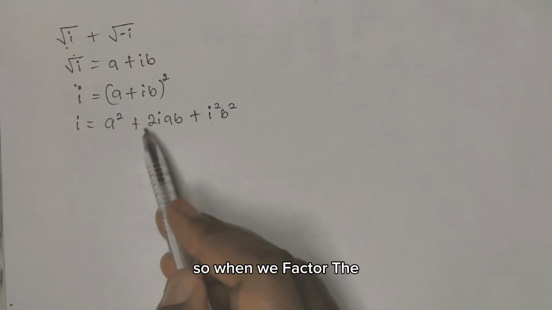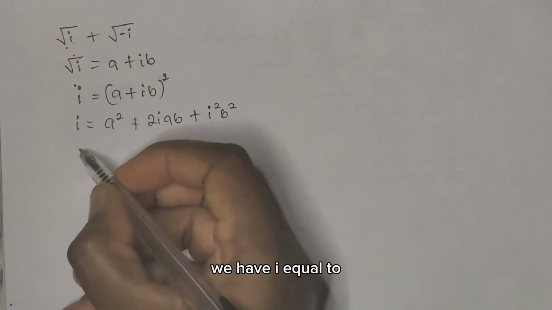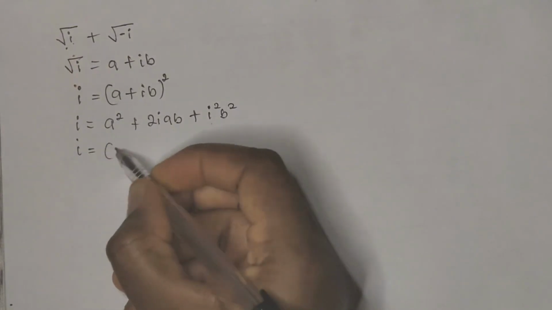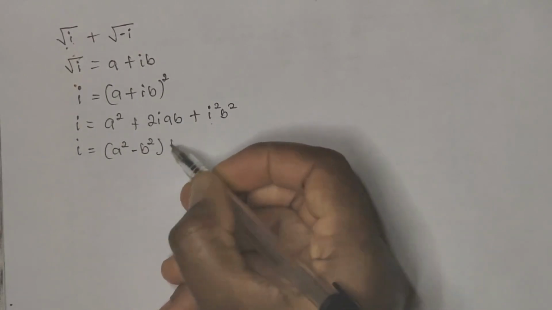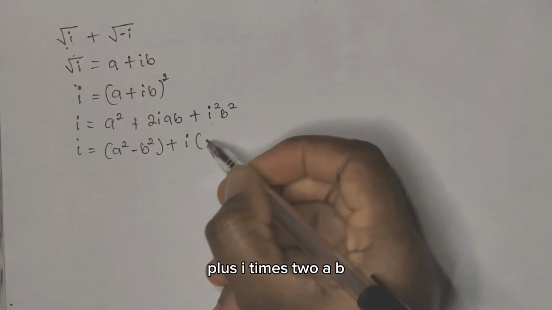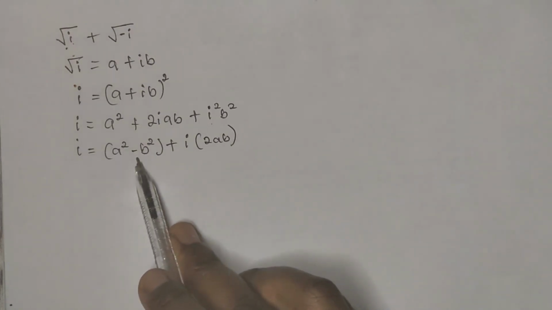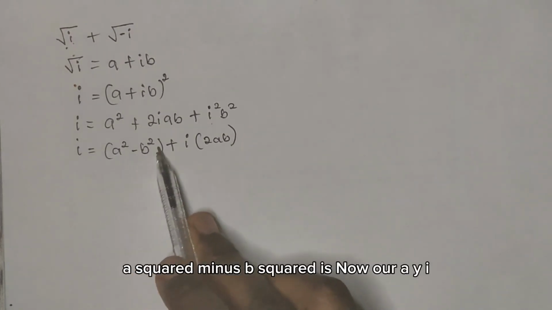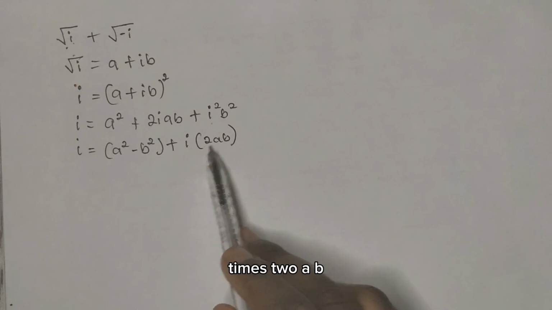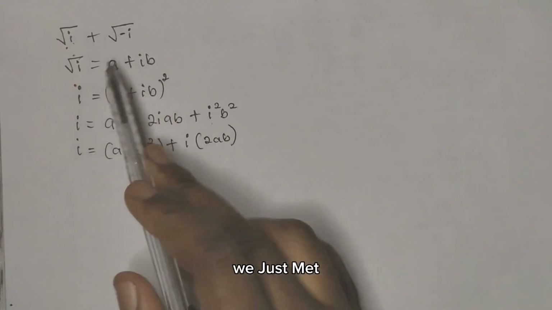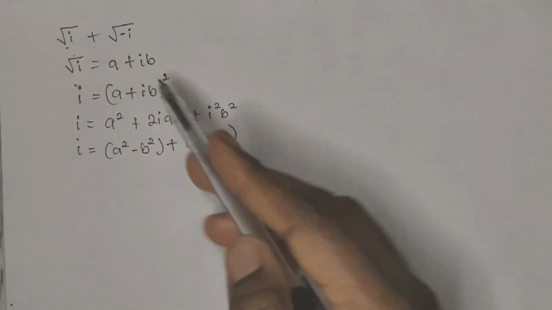So when we factor the right hand side, we have i equal to a squared minus b squared plus i times 2ab. This a squared minus b squared is now our a, while i times 2ab is our b. We just made this equation look exactly like what we had from the beginning.